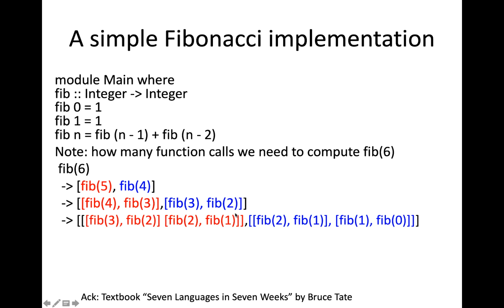You can see that the number of calls is increasing exponentially, kind of, correct? So you can imagine if we want to calculate fib 100, there will be too many calls, and one regular laptop will not be able to handle that. So this implementation of Fibonacci has a severe limitation, a space problem, and the number of function calls is too many.